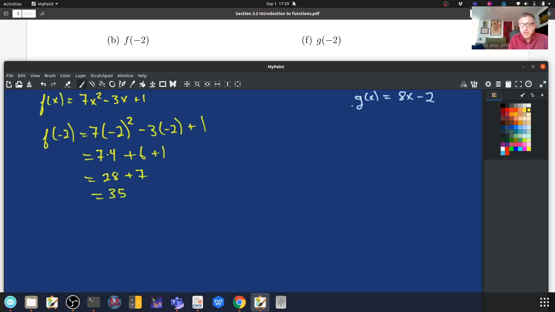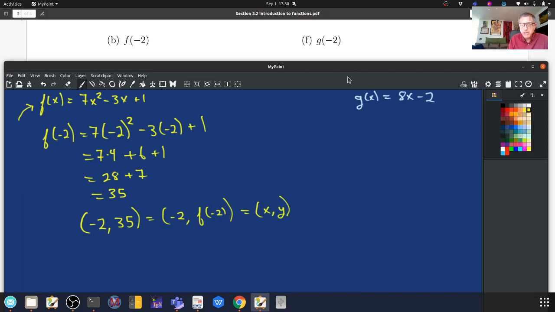Let's do g of 0. So again, this means that the point minus 2 and 35, which is equal to minus 2 and f of minus 2, which is equal to x, y, is a point that lies on the graph of f of x is equal to 7x squared minus 3x plus 1.